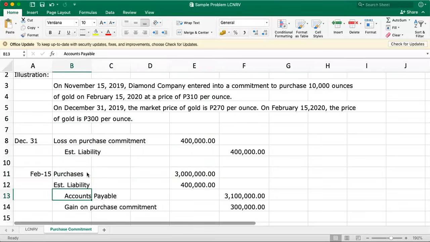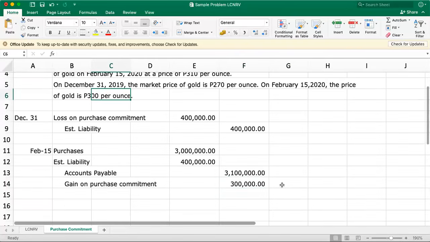Then accounts payable is recorded at the fixed price of 310 pesos. Therefore, you have a gain on purchase commitment. Computing it, the difference from 270 to 300 is 30 pesos times 10,000 ounces, so that is a gain on purchase commitment of 30,000.